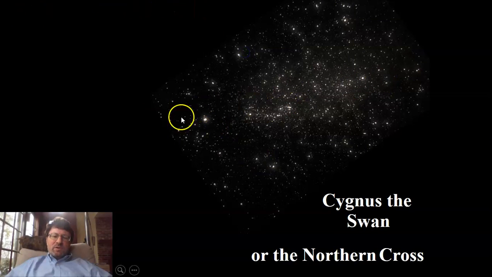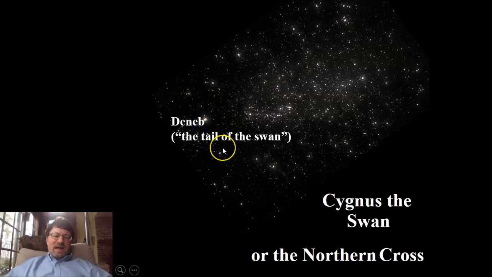Here's what would be typically the vertical part of the cross and the horizontal part of the cross. There is also a Southern Cross, but you need to see it from the southern hemisphere. This bright star in the tail of the swan, and in fact that's what this name translates as, is Deneb, the tail of the swan.